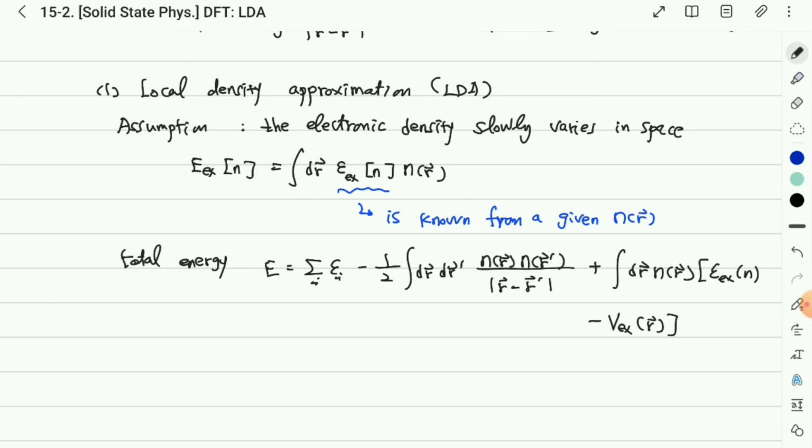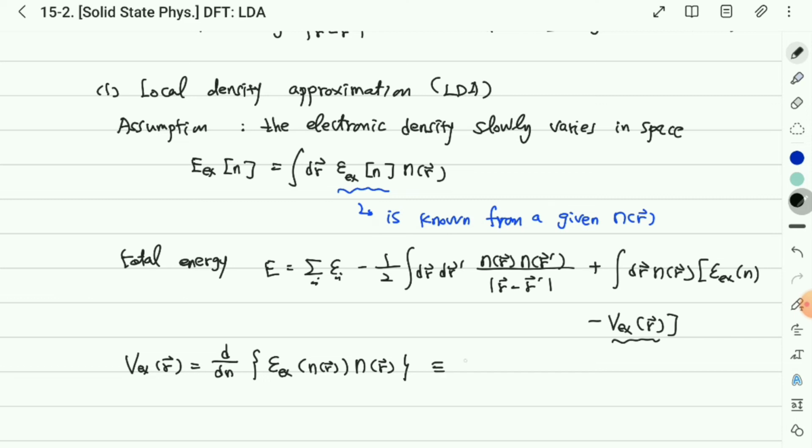Also, when you think about this exchange potential, it is the number derivative of the exchange energy with respect to n(r), and it is the exchange-correlation potential.